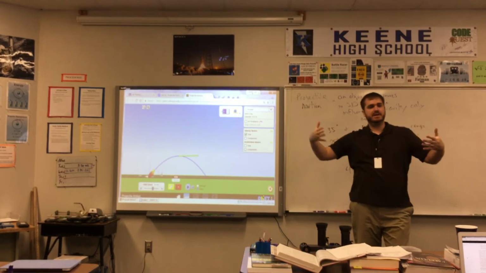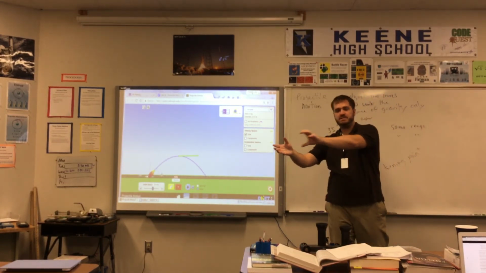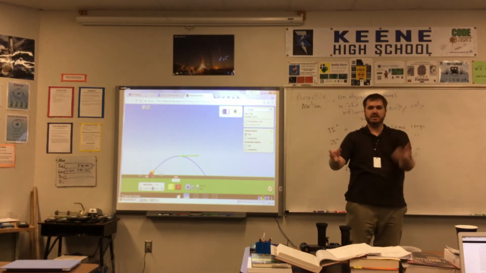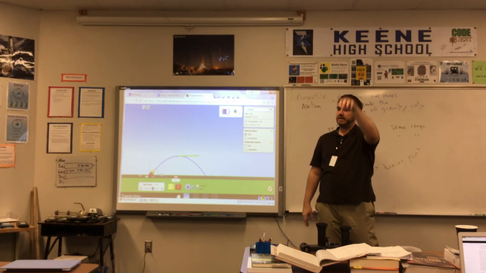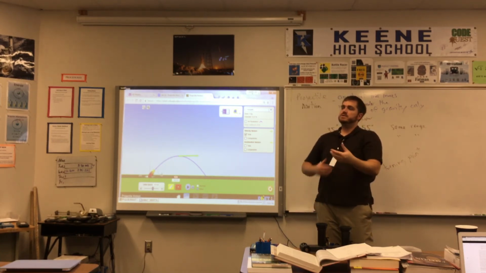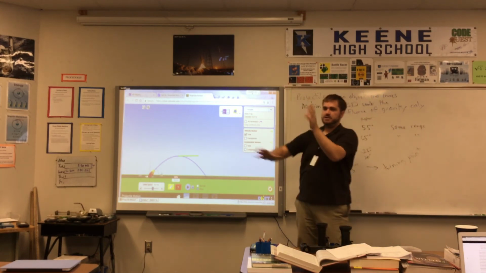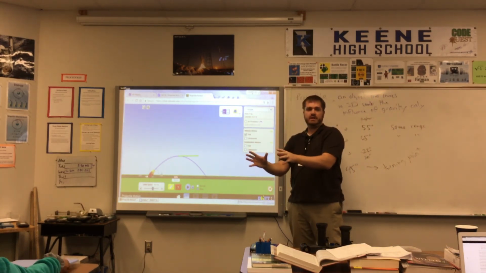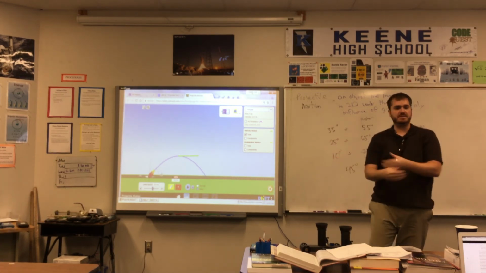Projectile motion combines them both. It's constant velocity in the horizontal direction, and it's free fall, that is acceleration due to gravity, in the y direction. Does that make sense? So when we solve projectile motion problems, do all the stuff with the x over here, and do all the stuff with the y over here. And we'll find out that they also have the same time.